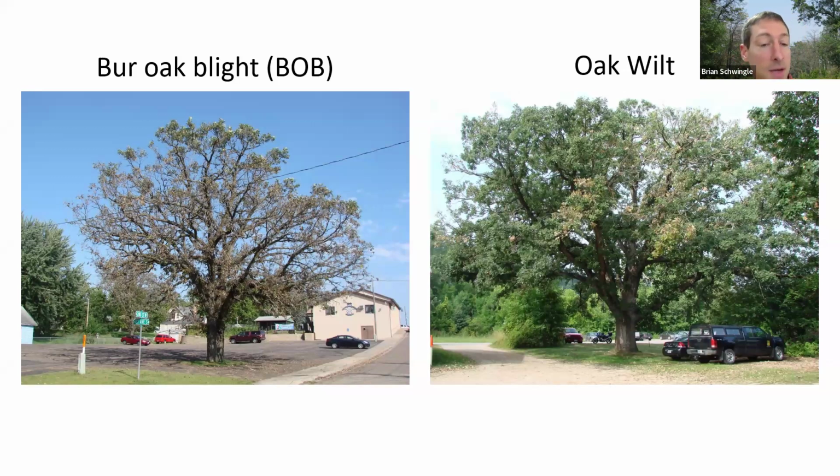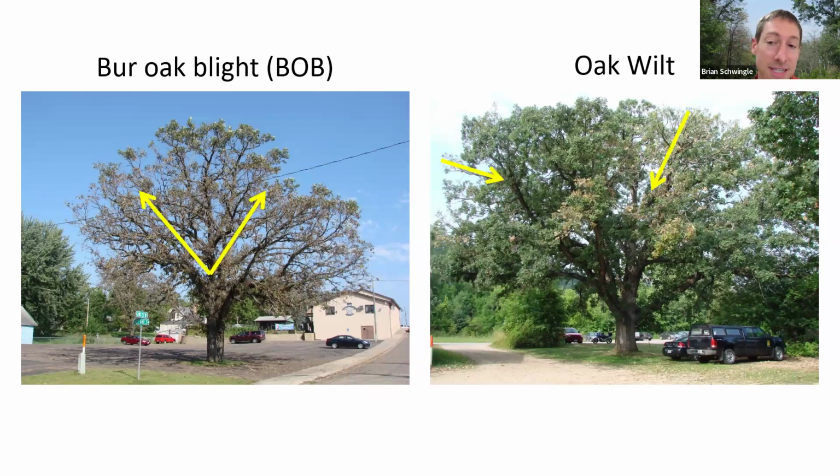Next spring, it will look totally fine. And trees with bur oak blight can live for a long time. We don't know how long they can live, because we've only known about bur oak blight for about 20, 30 years. But it looks much worse than it is.